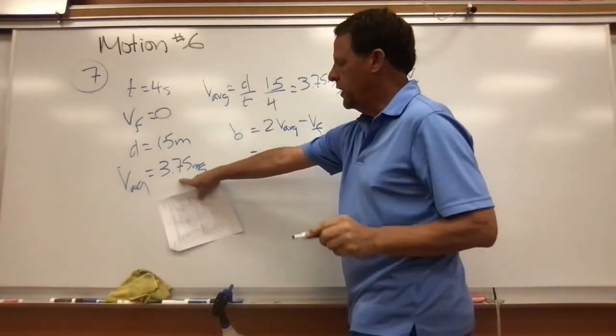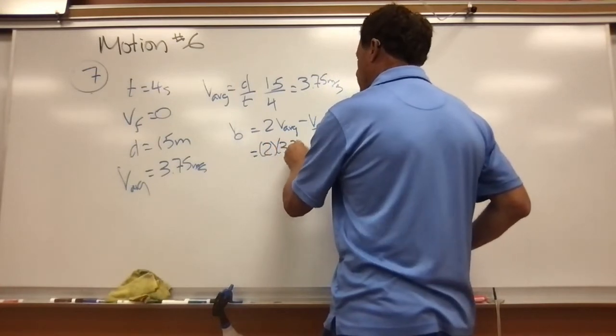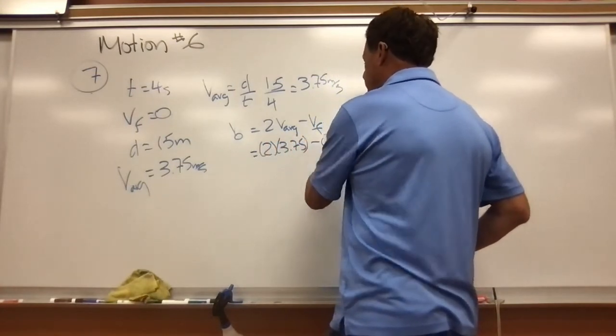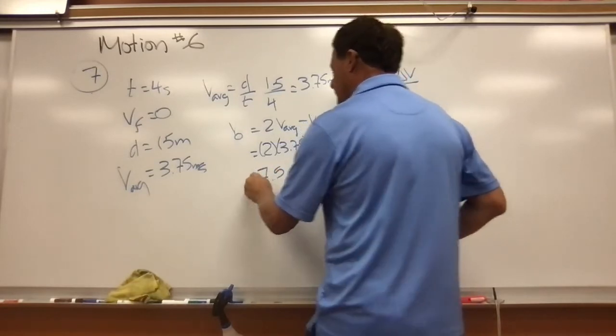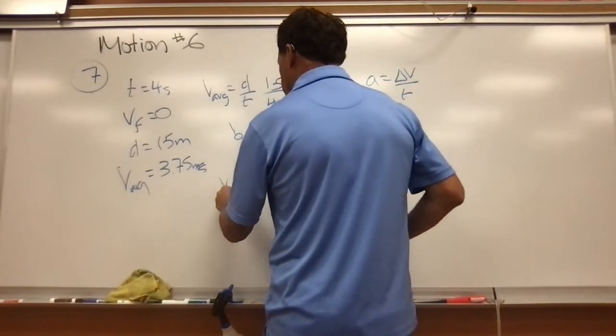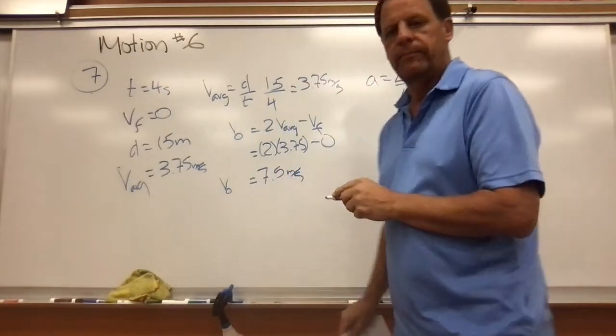So we already know that our average velocity is 3.75 times 2 minus 0 is going to give us 7.5. So our original velocity is 7.5 meters per second.